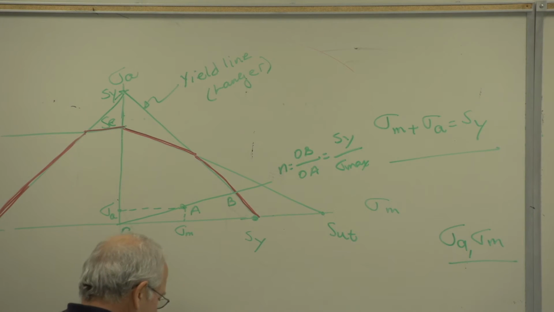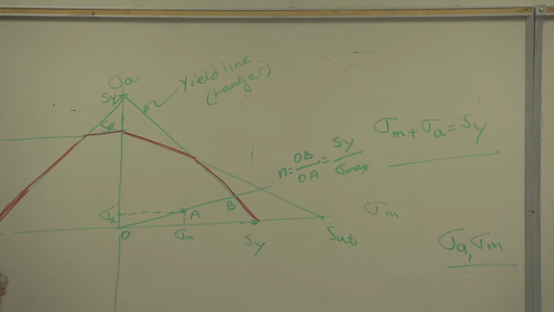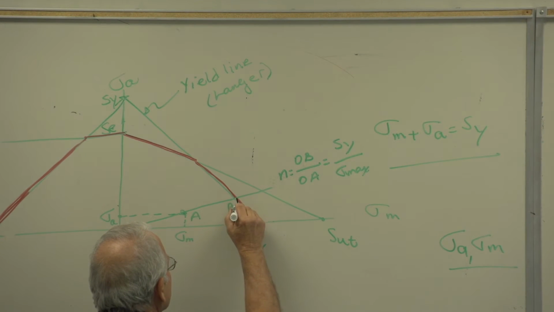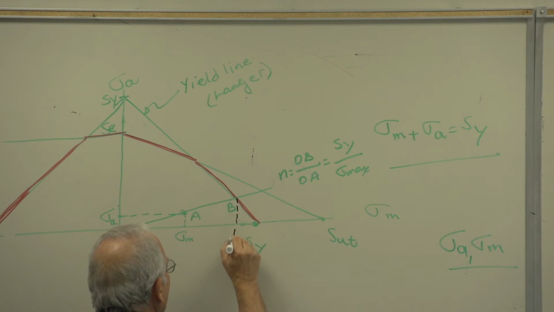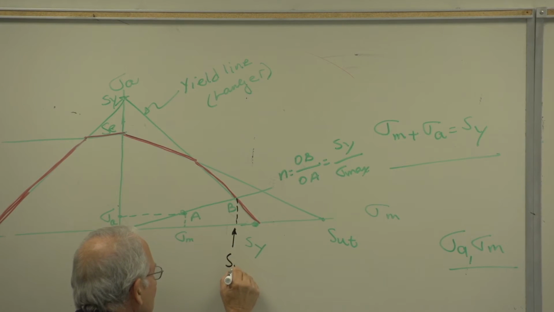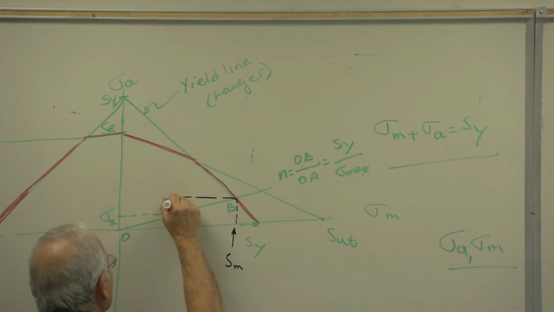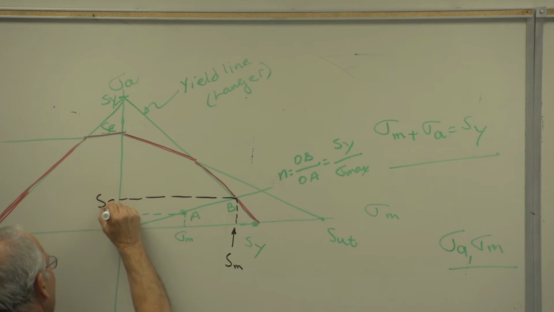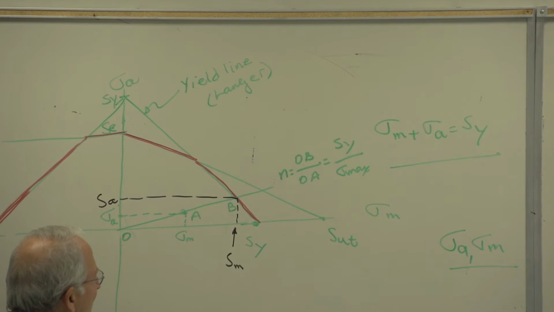It is also equal to, we call the limiting value of the mean stress Sm, and the limiting value of the alternating stress Sa.